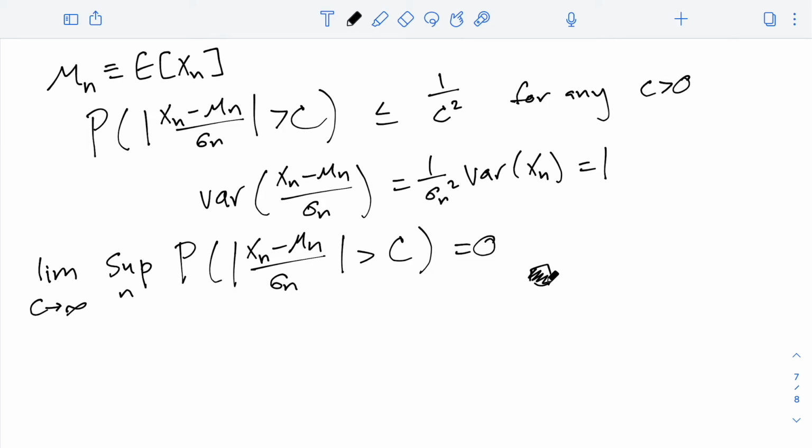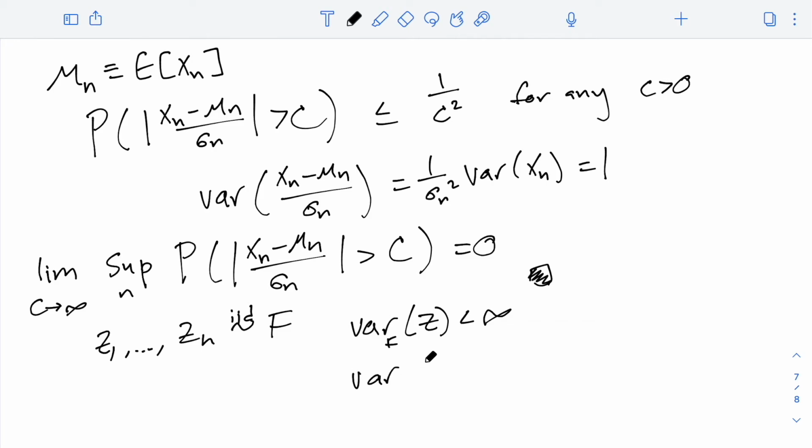One other piece that I think is quite interesting from here is if we imagine that we were looking at the sample mean of n IID observations. So let's imagine we have Z1 up to Zn distributed IID from some distribution F. Now we note that so long as the variance of Z under F is less than infinity, then the variance of Z bar goes to 0 like 1 over n.